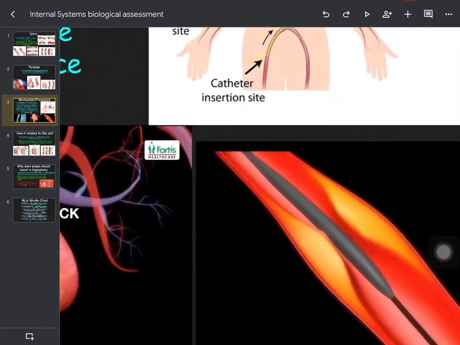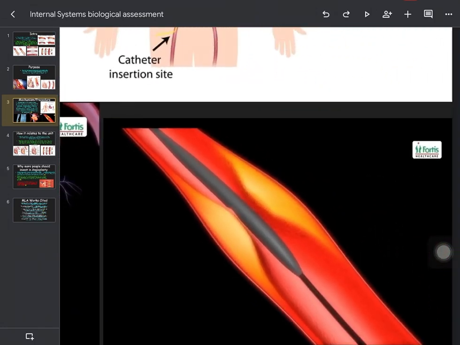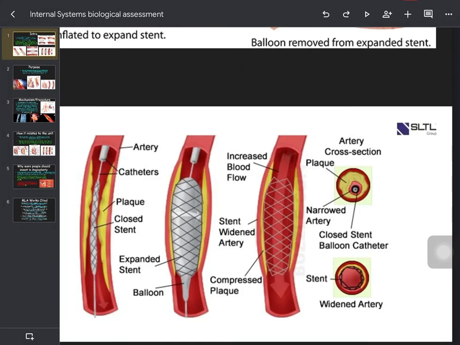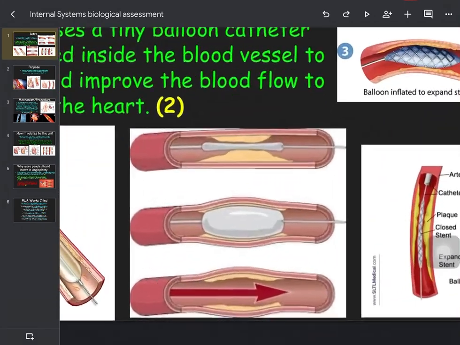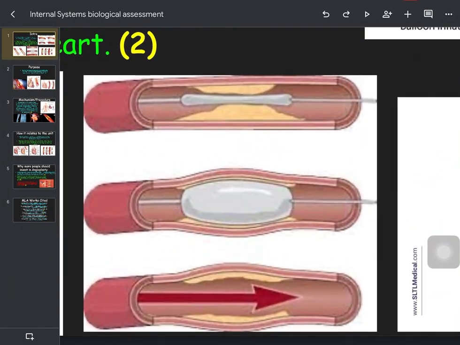And this is the part where after it detects the blockage, the needle and the balloon tip catheter makes its way into the affected area and positions itself. And after this step, the balloon starts inflating and deflating, and it reduces the plaque or the blood clot, allowing more blood to pass through.